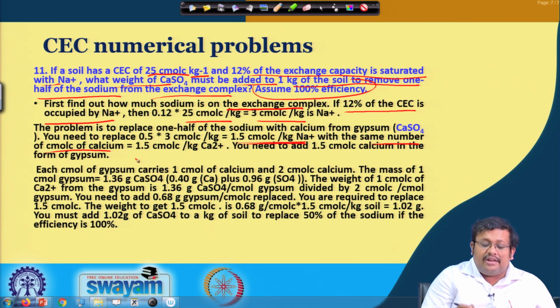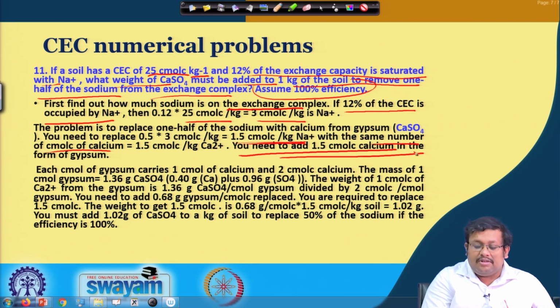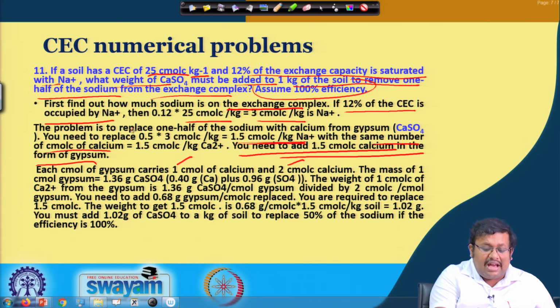So, 1.5 centimolar charge per kg of sodium will be replaced by 1.5 centimolar charge per kg of calcium. So, we need to add 1.5 centimolar charge of calcium in the form of gypsum. Now, each centimole of gypsum carries 1 centimole of calcium, that is 2 centimole charge of calcium. So, we have to supply 1.5 centimole of charge of calcium.